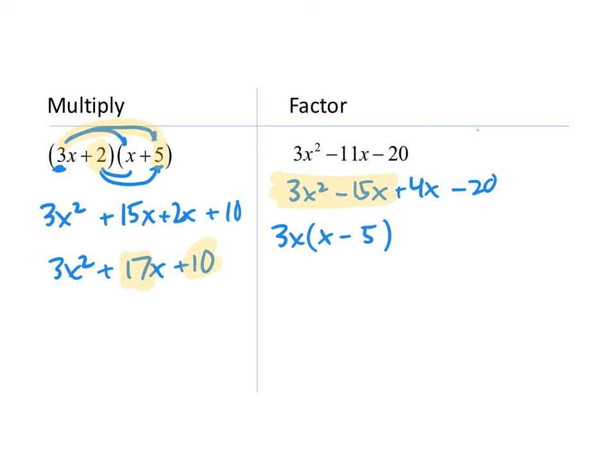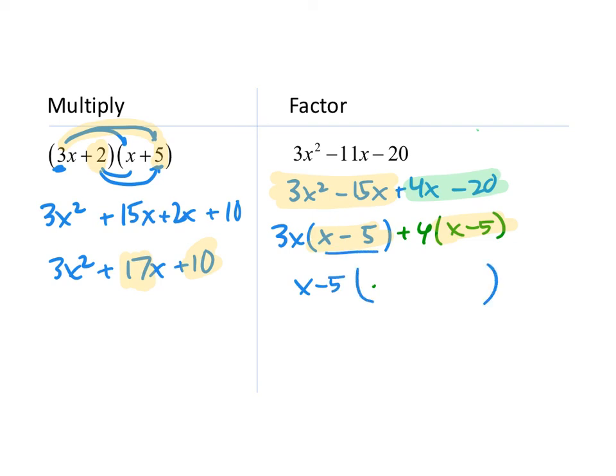Let's do the second pair of numbers and take out their common factors. And they have a 4 in common. And look at this. We have now an x minus 5 in both terms. So we can pull out the x minus 5.